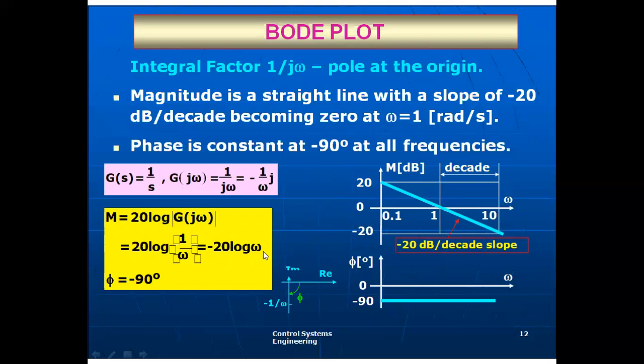When omega equal to 10, log 10 is equal to 1, so we'll get minus 20. So the magnitude is minus 20 between 1 decade. So 1, the next frequency is 10, which is 1 decade upward. The magnitude difference is minus 20, which is called 20 decibel per decade. So the curve will look like this.